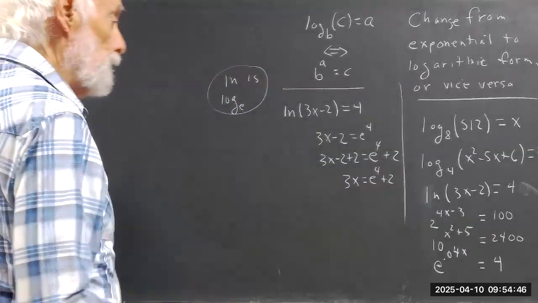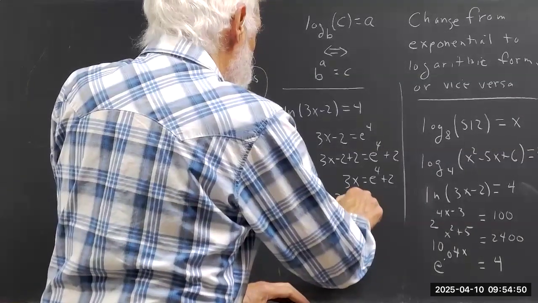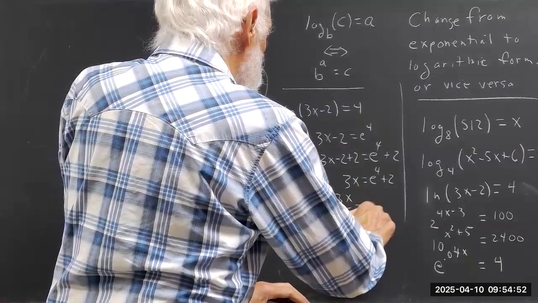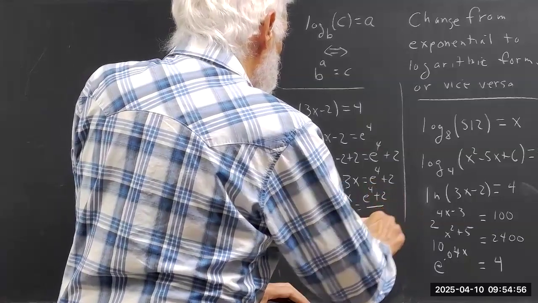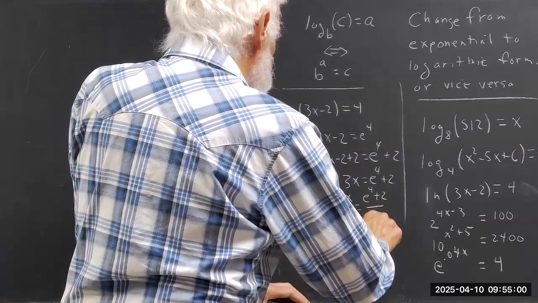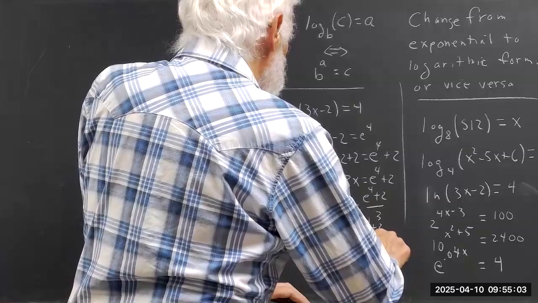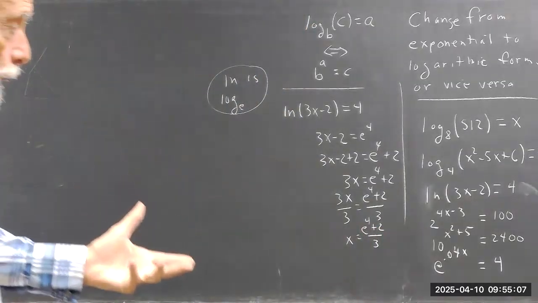And then we just divide both sides by 3, and we get x equals (e to the 4th + 2) divided by 3, which is just fine.